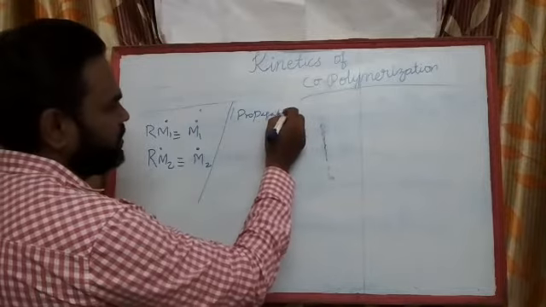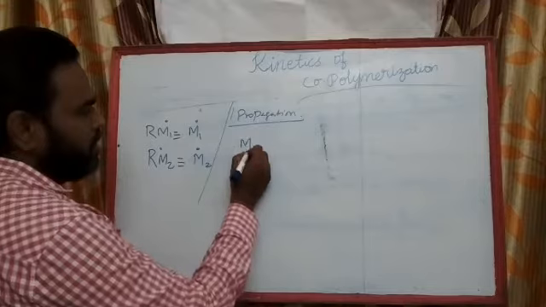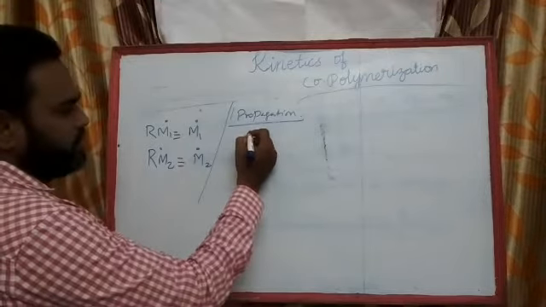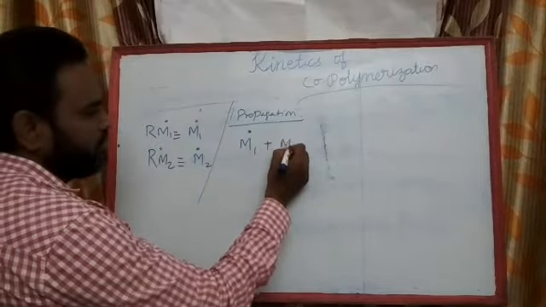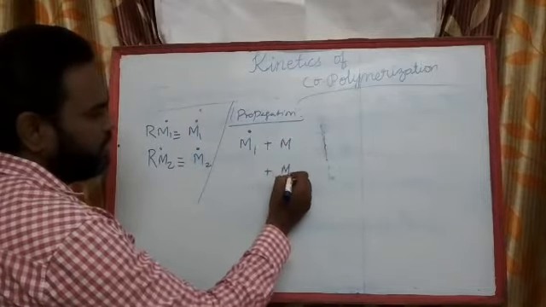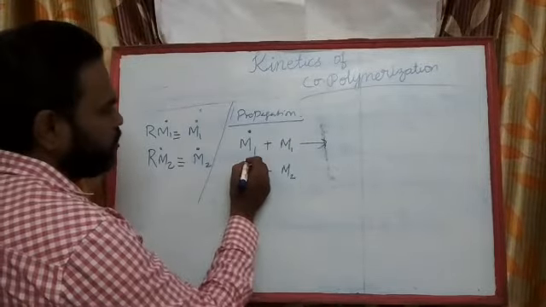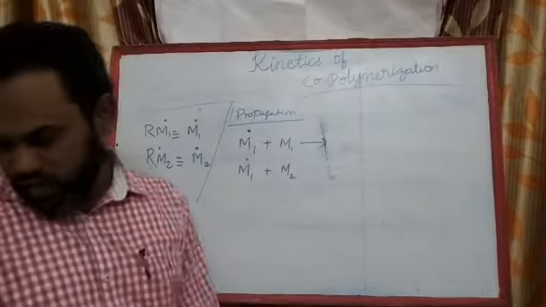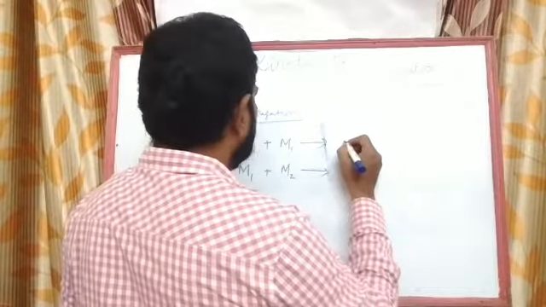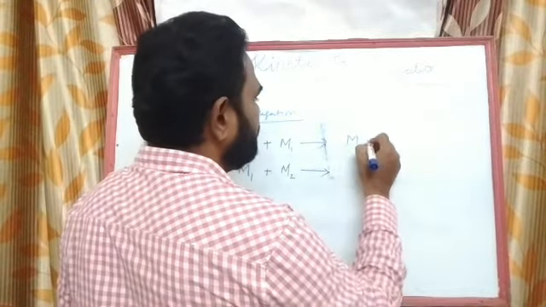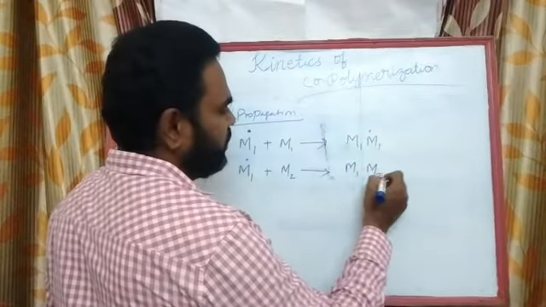M1 dot can react with the first monomer or the second monomer. So M1 dot has two possibilities, to attack either M1 or M2, giving M1 M1 dot or M1 M2 dot.